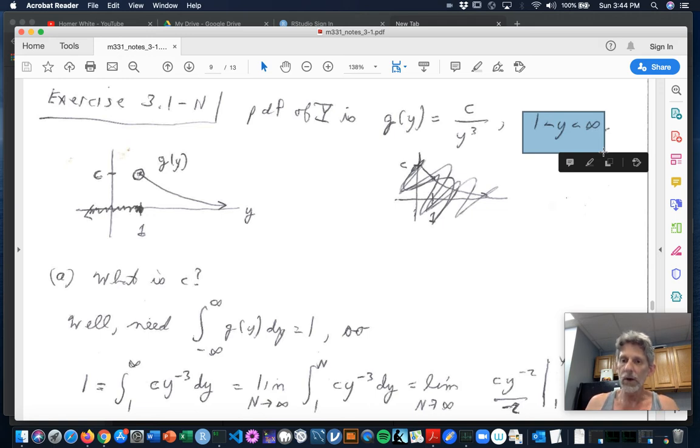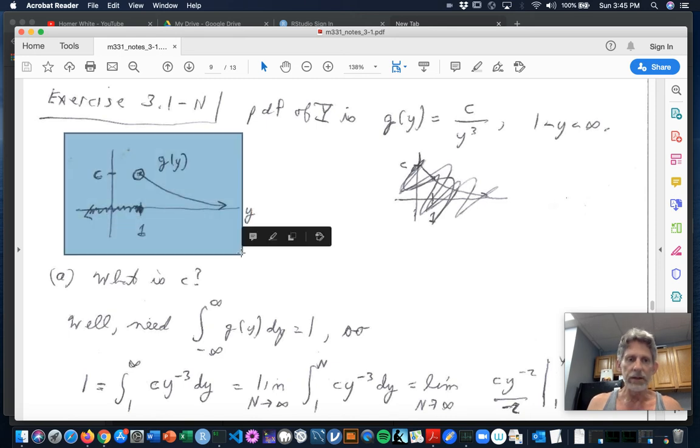It's going to be 0 everywhere else. Whenever they define a density function for you, the stuff after the comma just says that this formula goes only for that stuff, and you are supposed to understand that the density function is 0 for all of the other real numbers.